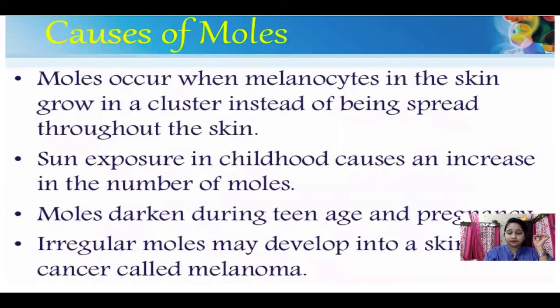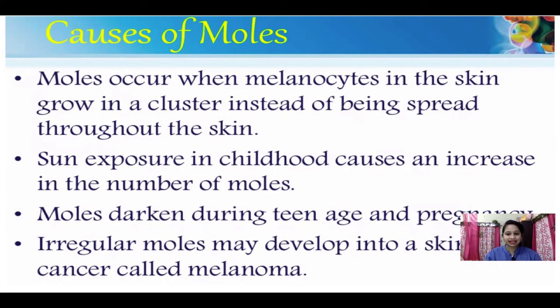So if you go for the reason why moles happen, moles are nothing other than melanocytes in the skin growing in cluster form. Rather than spreading throughout the skin, they are congested and centralized in a single portion in clustered form. That's why a mole is forming.